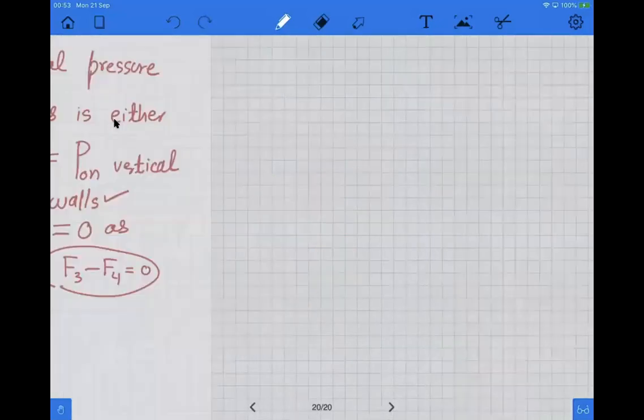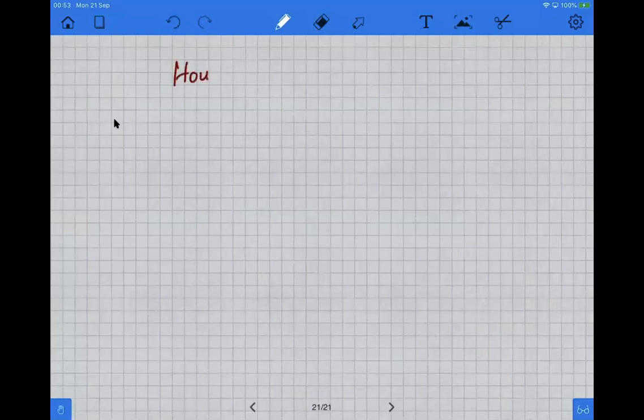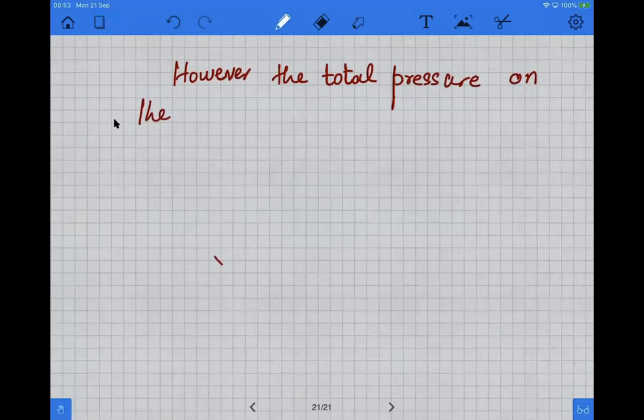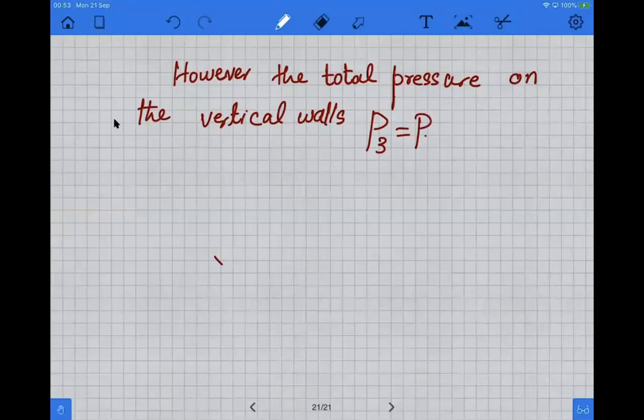However, the total pressure on the vertical walls is either P3 or it is P4, and you can call it P as well.